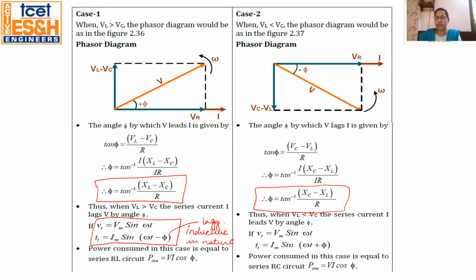In case when VL is less than VC, what happened? The current is leading because the circuit is capacitive in nature. The average power in both cases is VI cos phi.